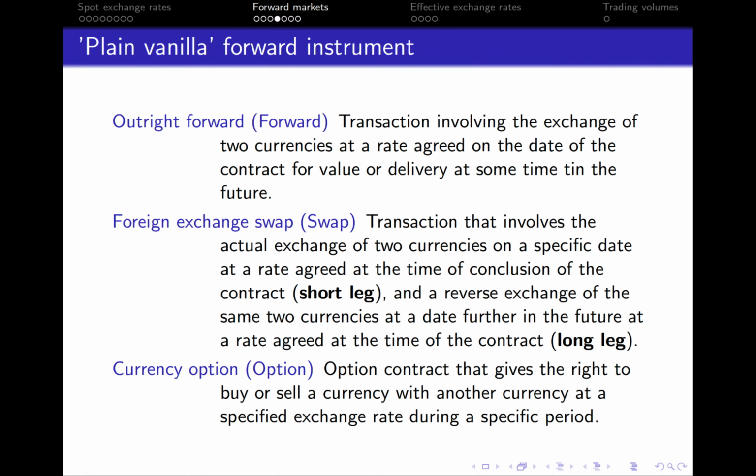And then finally, a currency option, or option for short, is the contract that gives the right to buy or sell currency with another currency at a specific exchange rate during a specific period. So look, let's just say that our bike company goes to another company, and let's just say that our bike company does not have one contract six months from now, but is constantly selling bikes to different companies and has contracts over the next 2 years.